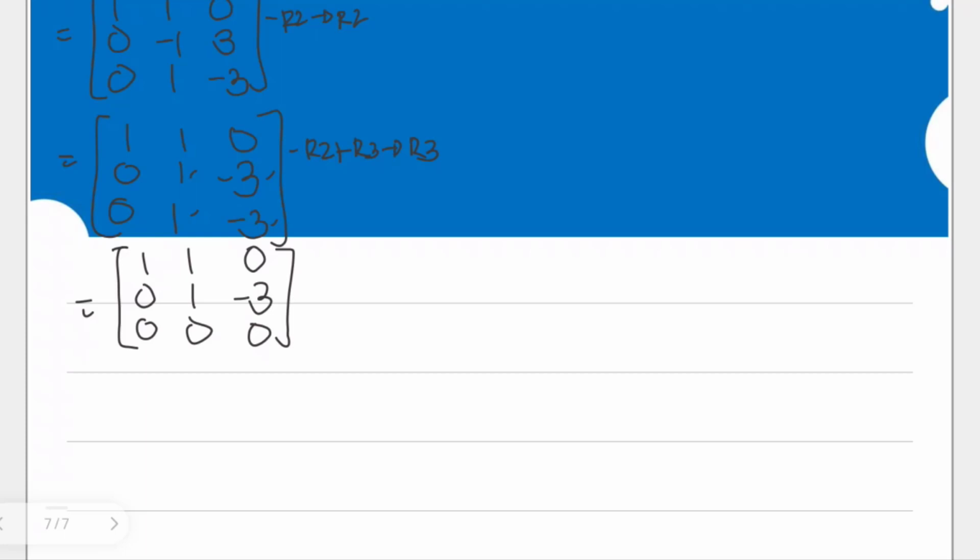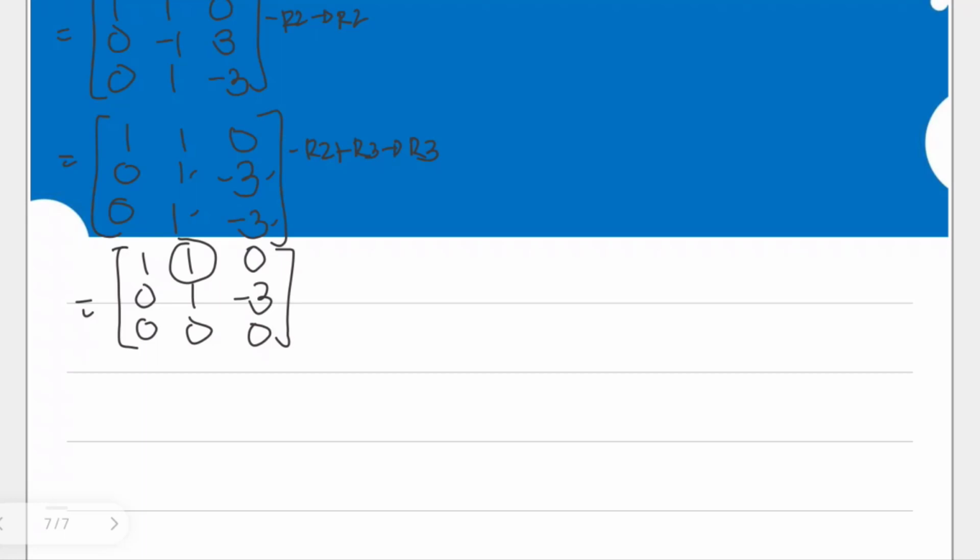Now we don't need to make this 0 or 1 because we already have a leading 1 here. What we need to do is make this 0 so that we will have a reduced row echelon form, because as of now this matrix is still in its row echelon form.